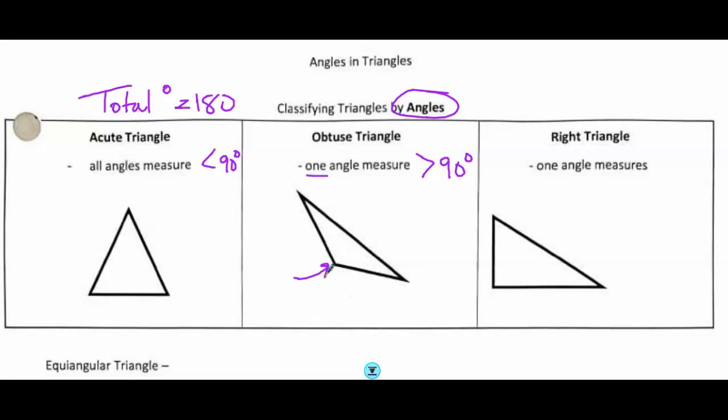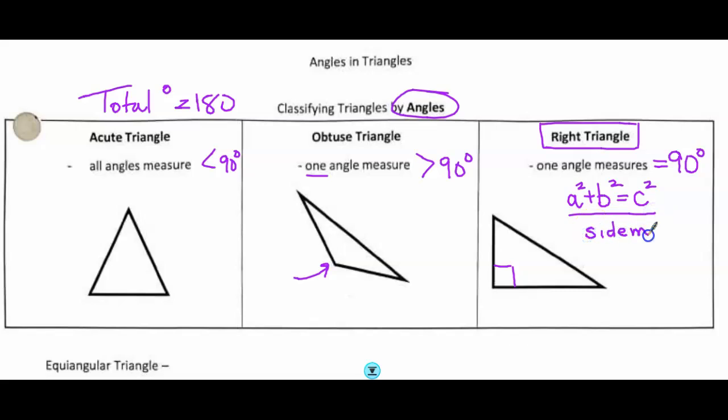In a right triangle, one angle measure has to equal 90 degrees. So we have a 90 degree angle here. One thing I want you to remember that it's going to come back for you to be using in a right triangle is, don't forget, in a right triangle, you can always use a squared plus b squared equals c squared, and that is used to find side measures.